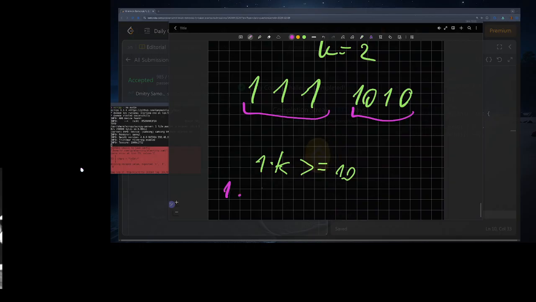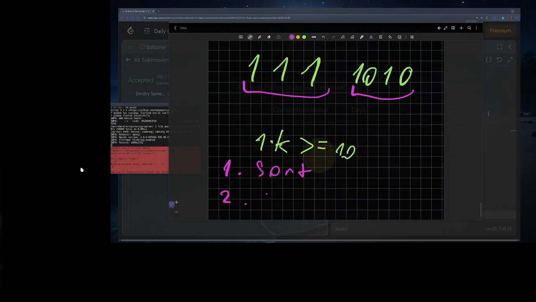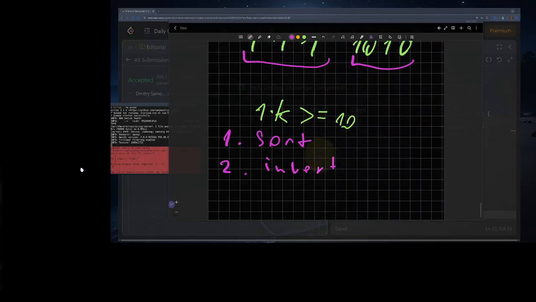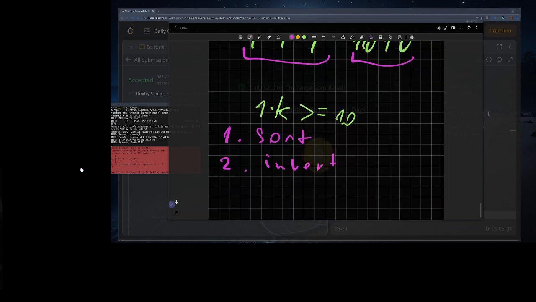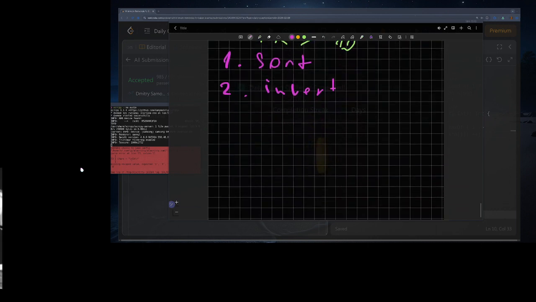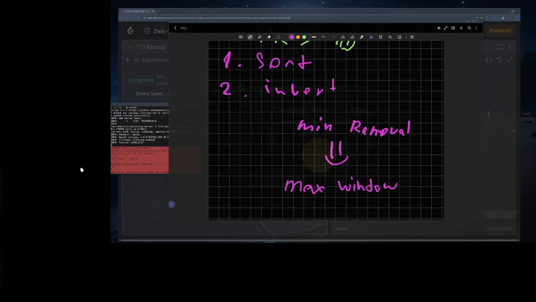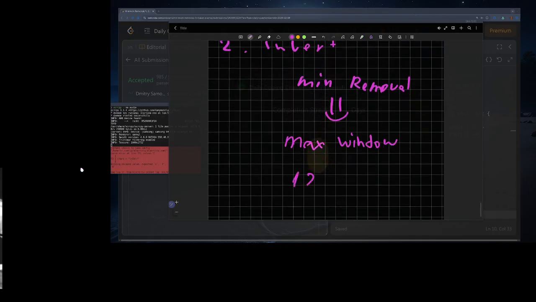So first of all, we have to sort. The second is to invert the problem, and instead of finding the minimum removals, we have to find the maximum window, and this window is sorted like this.